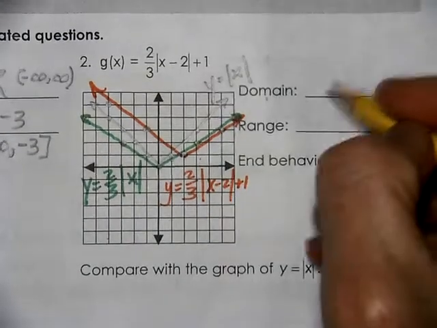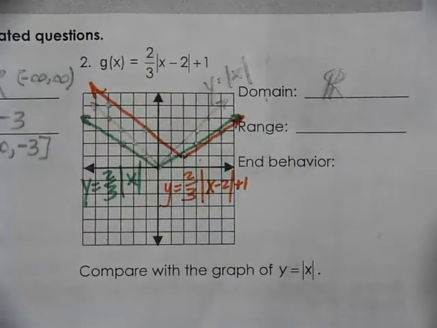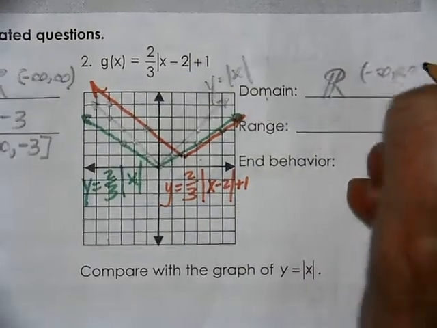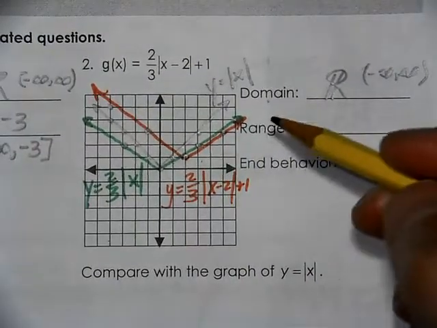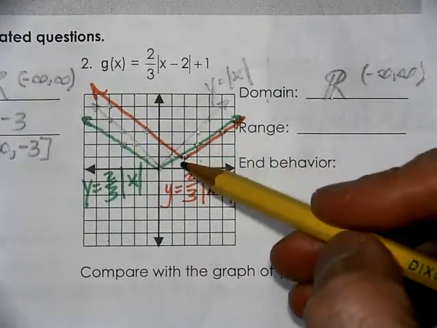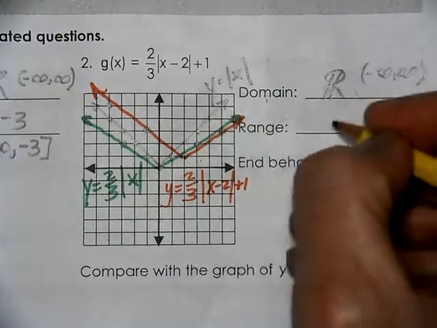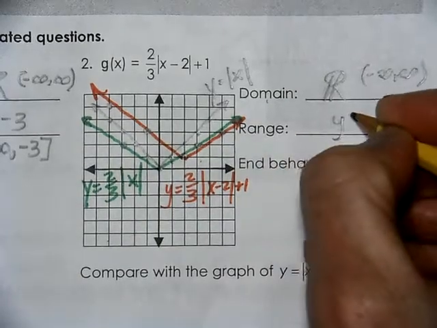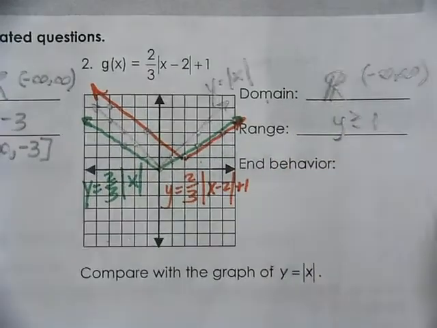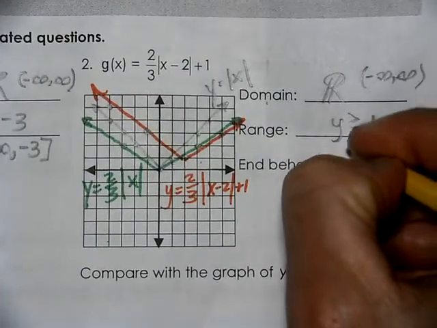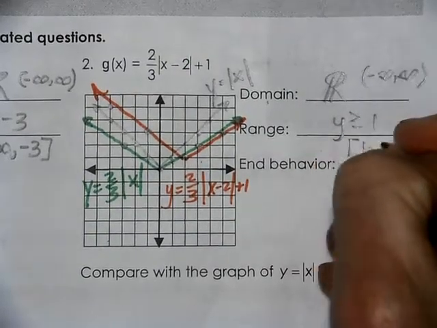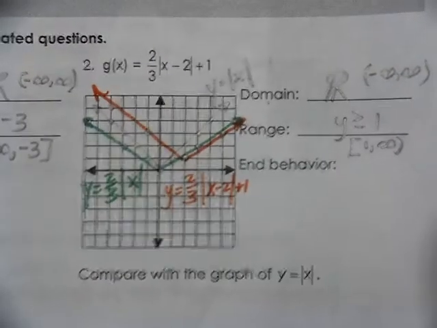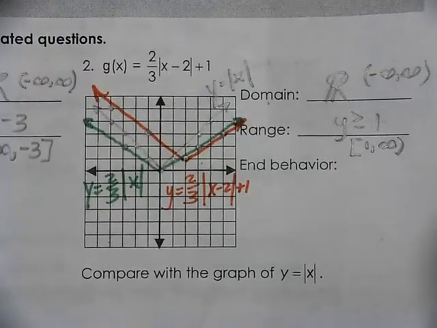Our domain is always all real numbers that has interval notation of negative infinity to positive infinity. The range goes from the smallest number, which is 1. So your y values are greater than or equal to 1. So that would be our smallest value to our biggest value for interval notation.